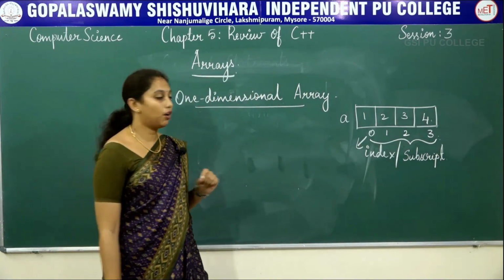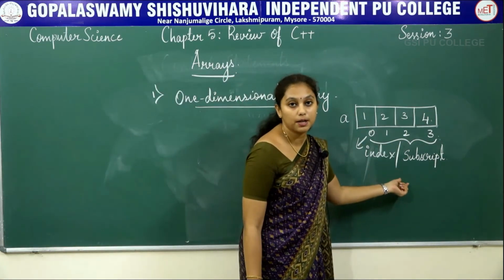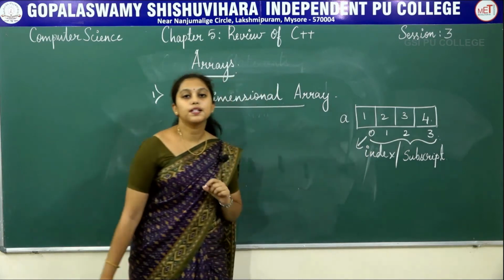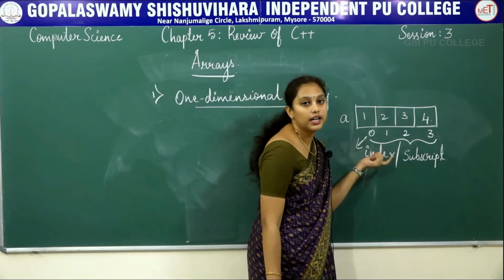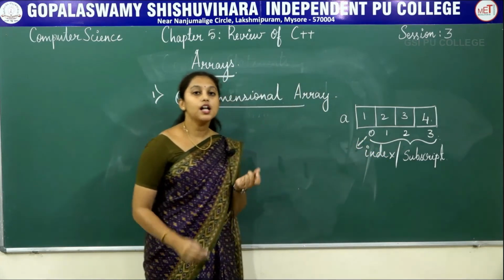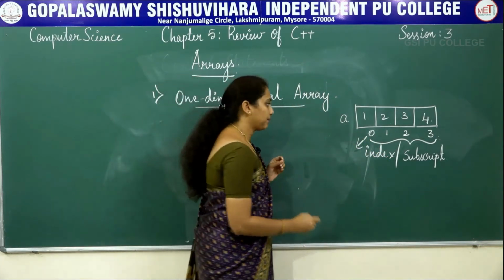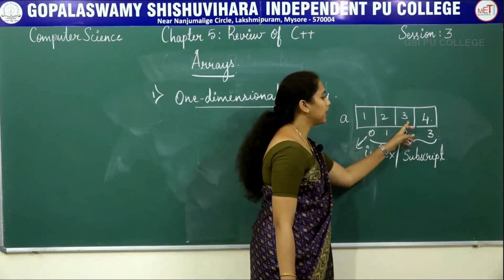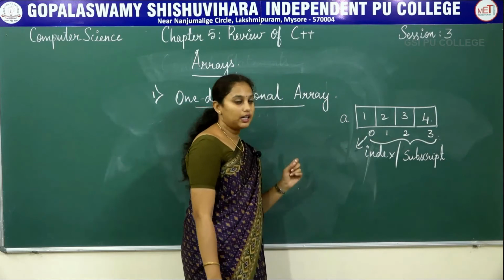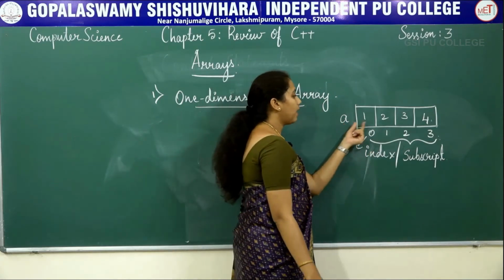What is the usage of this index or subscript? Index or subscript is used to access the elements of an array. See here, I want to access the element 3. How can I access it? With the help of subscript, A of 2.